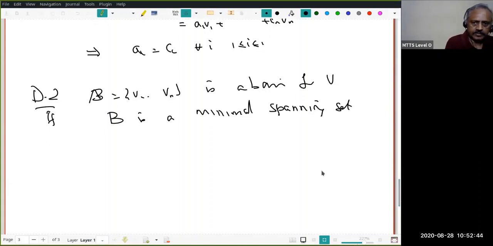We had already explained what is meant by spanning, and also minimal: finite linear combinations of elements of B equal V, and no proper subset of V1 to Vn will work.